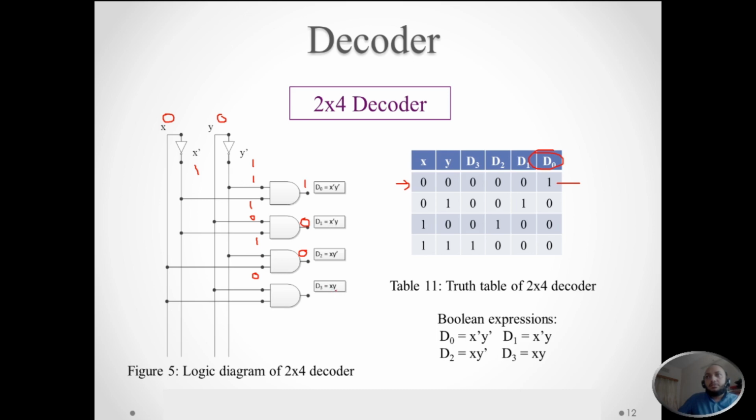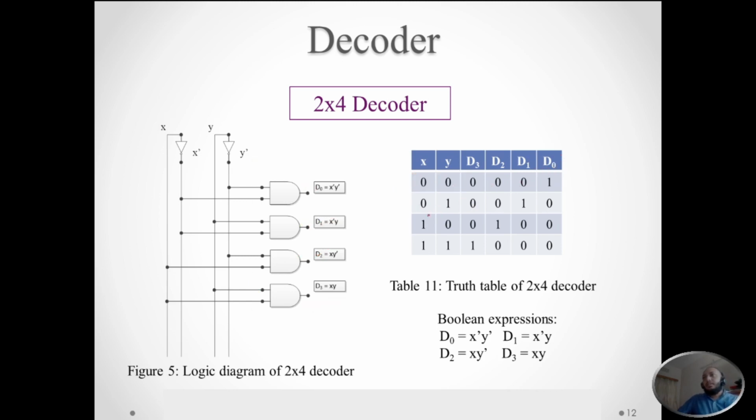For D3 the expression is xy, x and y both are zeros, so we will get 0. So for the first pattern we are getting D3 as 0, D2 as 0, D1 as 0, and D0 as 1.